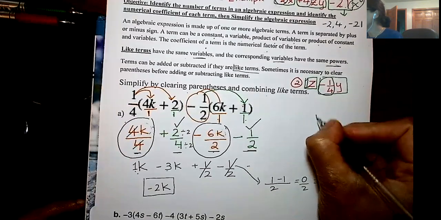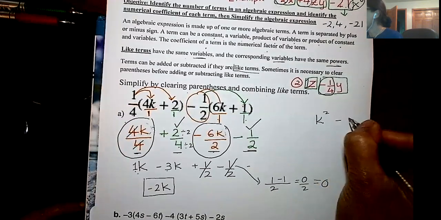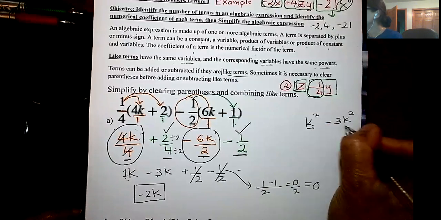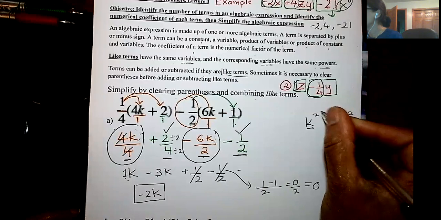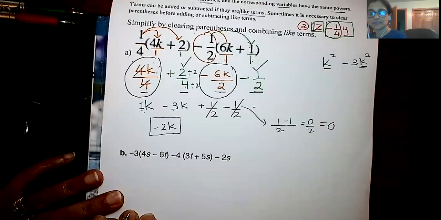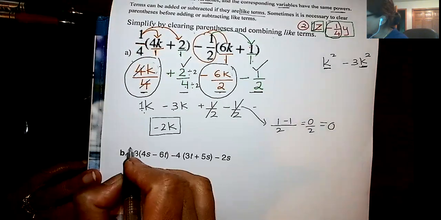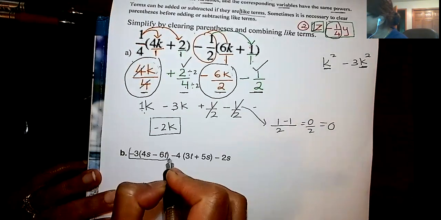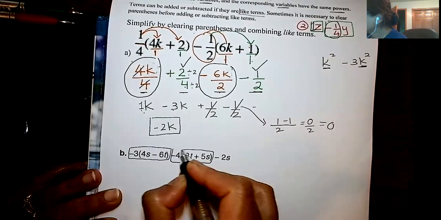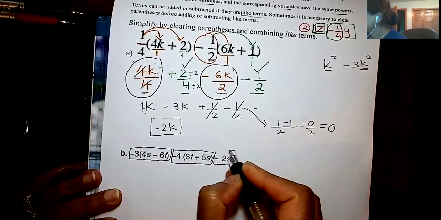If you have a k squared and 3k squared, then these are like terms because they are the same variable and the same power. Good? Okay. Again, before I do the distribution, this is 1 term, this is a second term, and this is a third term. Okay.